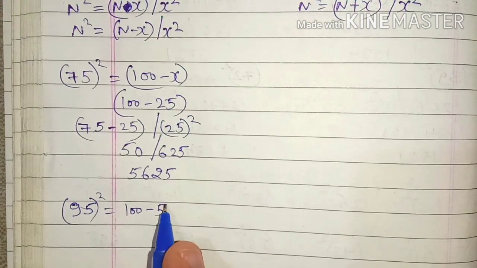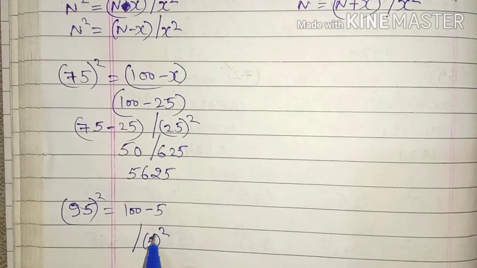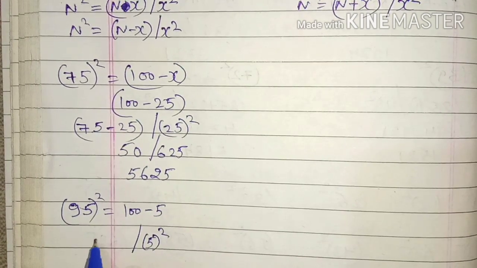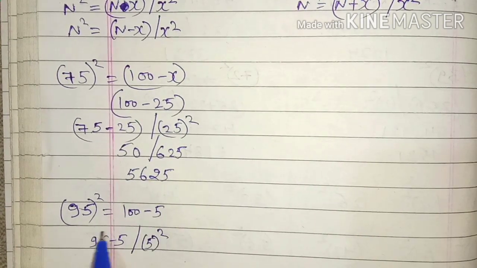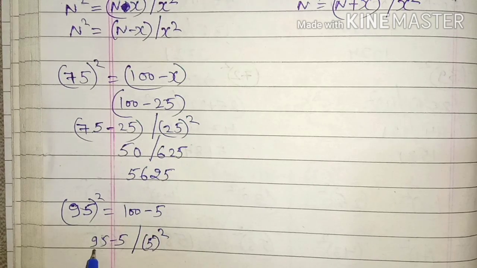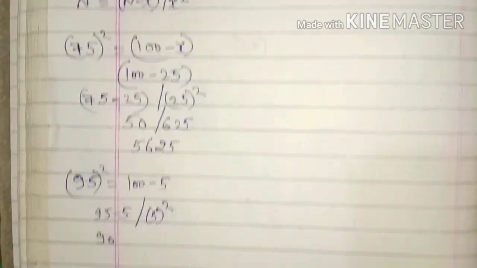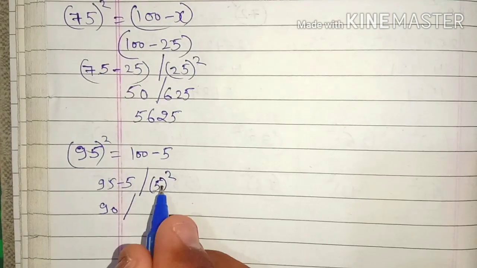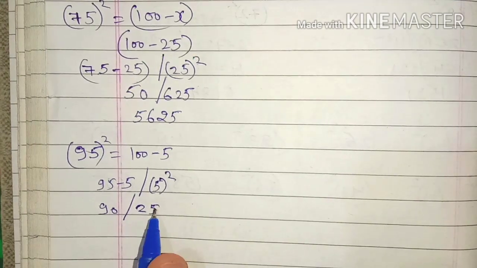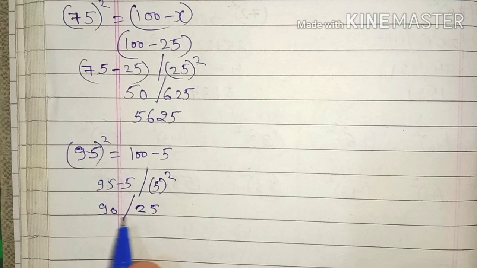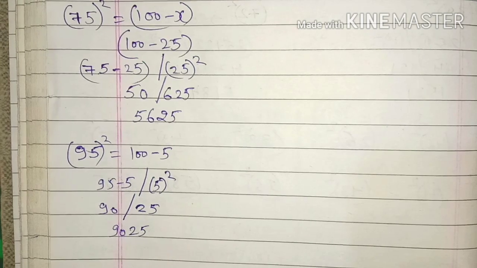The difference is 5, so we square 5 on the right, and on the left side we subtract 5 from 95, meaning we subtract the difference from the number. 95 minus 5 becomes 90, and on the right side the square of 5 is 25. As we have to write two digits, we don't need to carry anything to the left. We write 25 and 90.